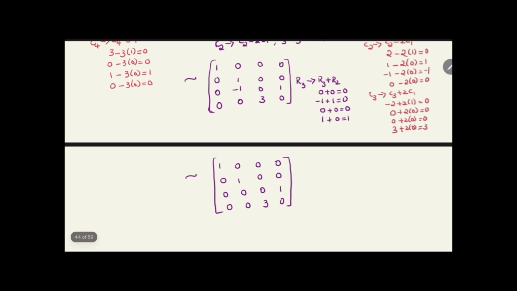Next I have to make these two 0, but they are already 0. Next we have to make this diagonal element 1, but it is 0 there, so I should swap with column 4. Okay, so C3 I am swapping with C4.